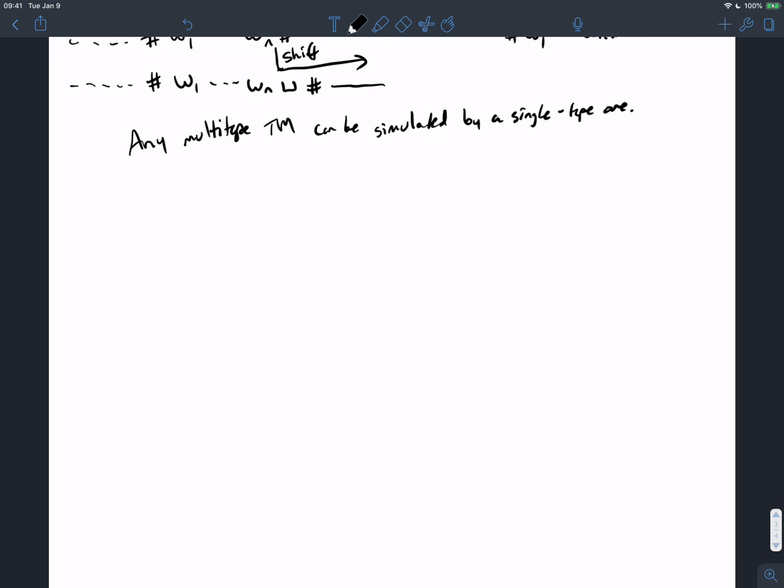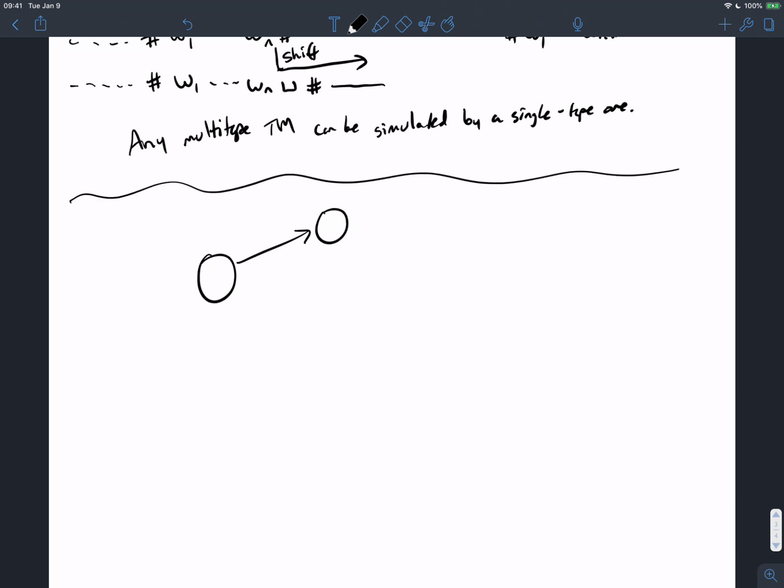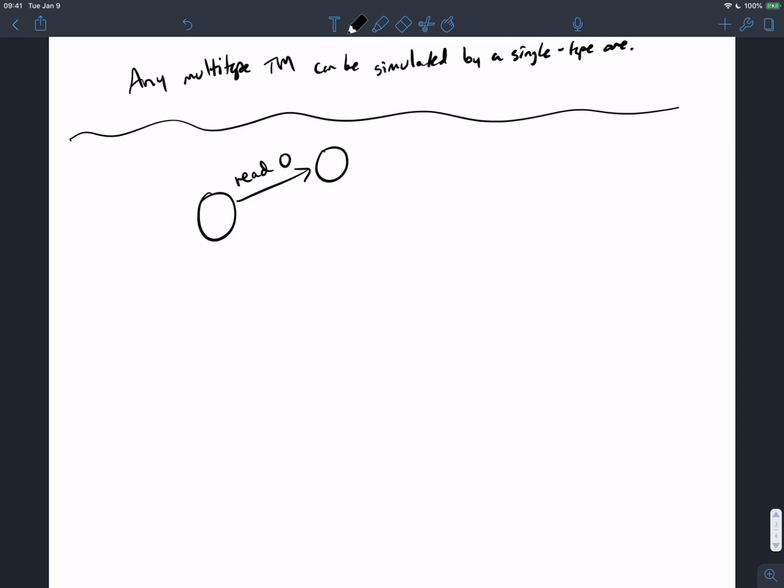Okay, so one more variant, and this one is a little bit tricky, but it's maybe annoying to some of you that if we have a state and we want to go to another state, and let's say that this transition involves reading a 0, it's not the case that we can have in the standard model another transition which reads 0.